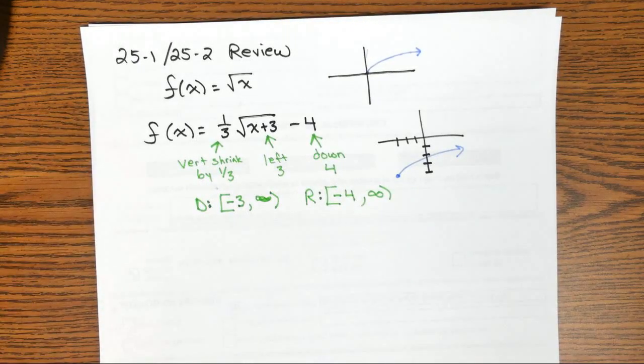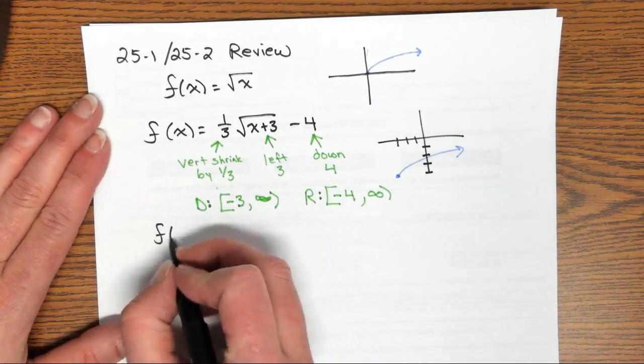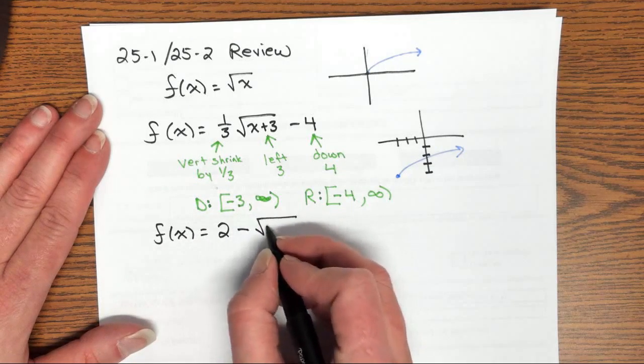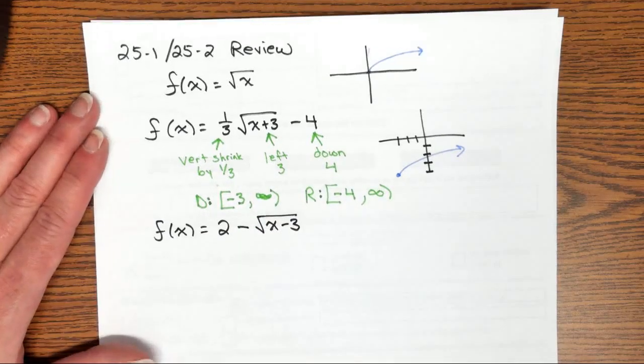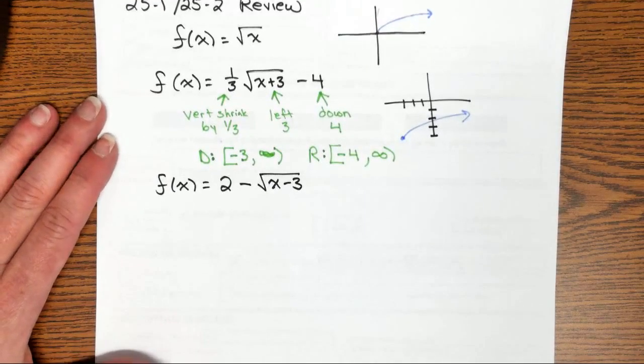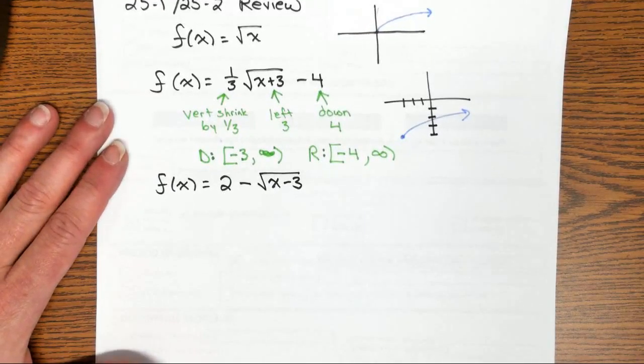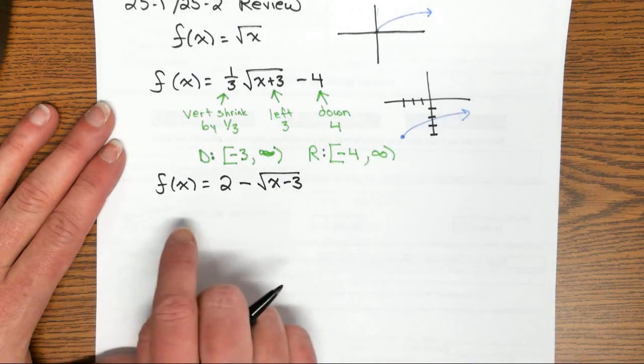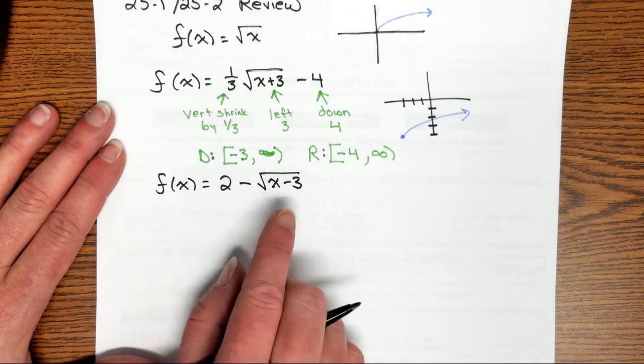Let's try one that's a little bit harder. Oh, this one's weird. It's written kind of funny. Maybe we should rearrange it before we tell what's going on. So this is really a +2 minus this.